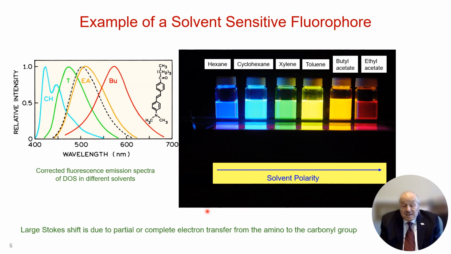So this is, I guess, one of the most solvent-sensitive fluorophores. We have noticed these are normalized emission spectra. We haven't corrected them for any intensity change that might have occurred.